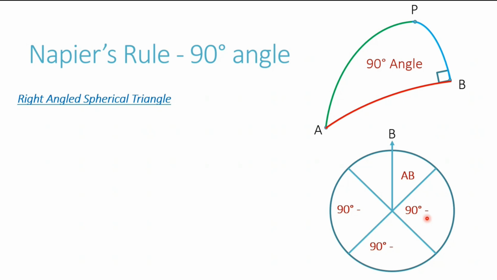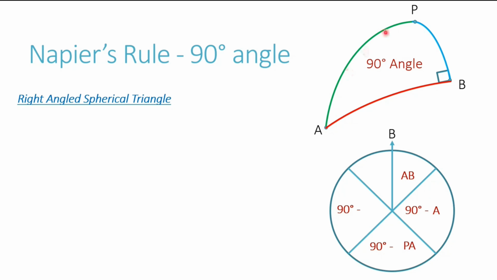Now from the right angle cartwheel, we have already written 90 degrees minus, and here we fill up the part PA.